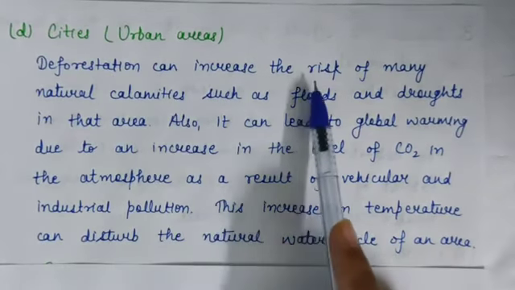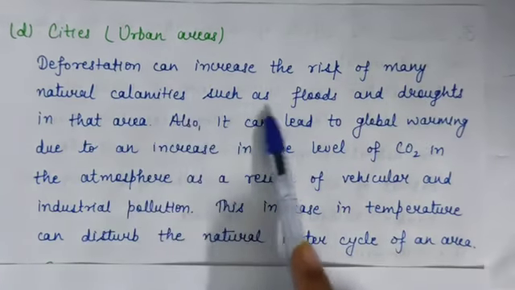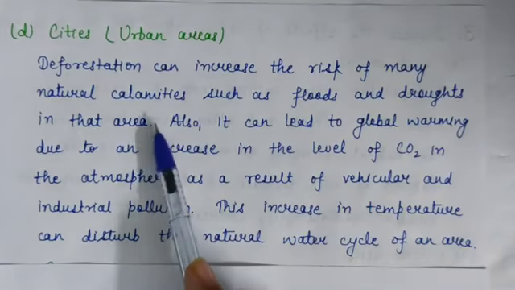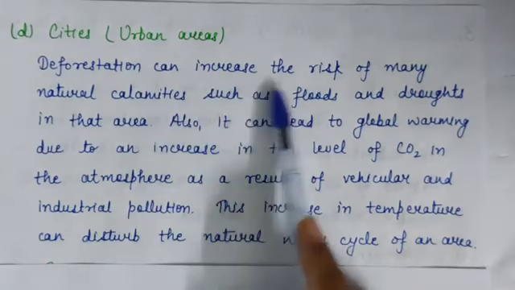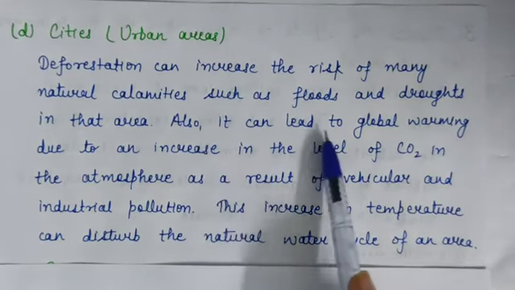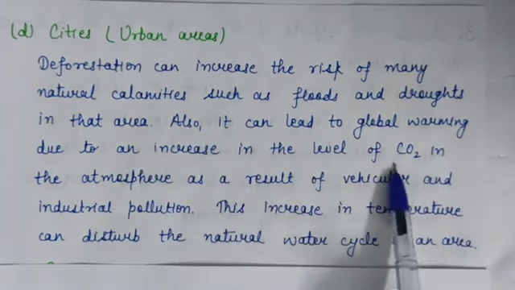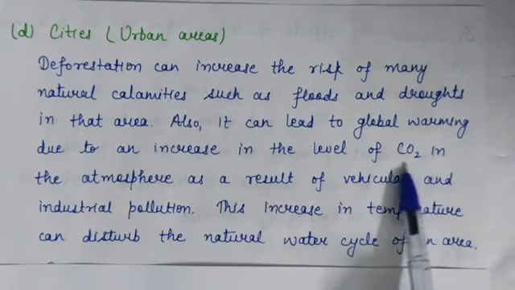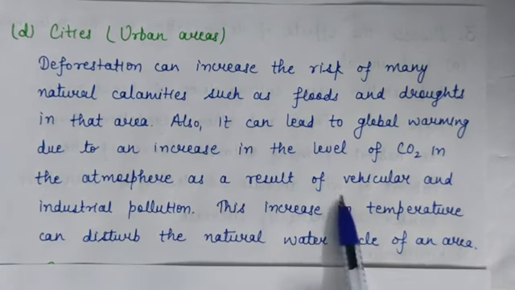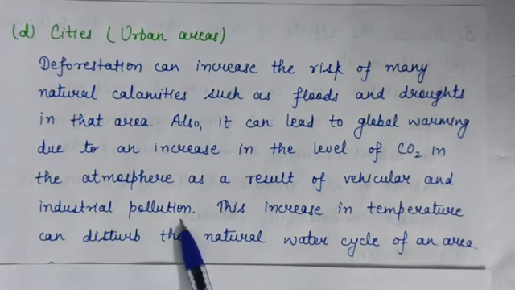Deforestation can increase the risk of many natural calamities such as floods and droughts in that area. It can also lead to global warming due to an increase in the level of carbon dioxide, means CO2, in the atmosphere as a result of vehicular and industrial pollution.